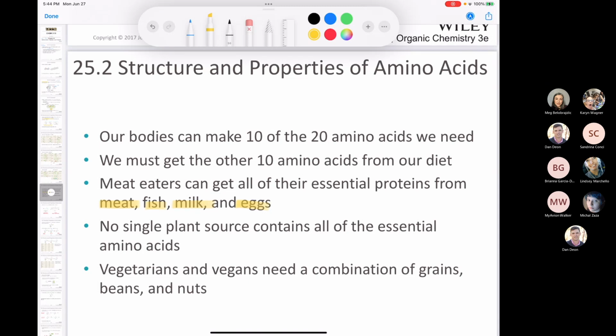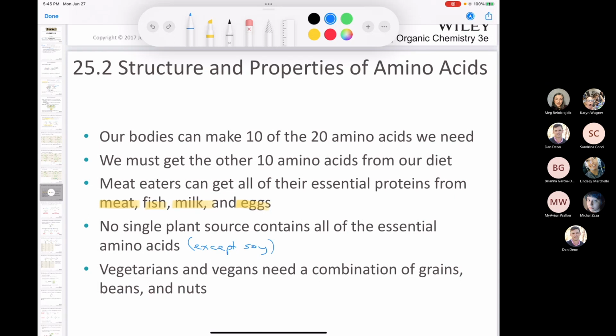However, no single plant source contains all of the essential amino acids except soy. Okay, so I'll put here, except soy does have all the essential proteins. So that's why every biochem and every organic chemistry textbook has this blurb where it says if you're vegetarian, you have to mix a combination of grains, beans, nuts, rice, etc. to get all of the amino acids.